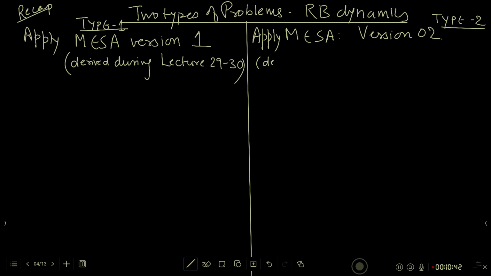For a type 1 problem, I will apply what I call version 1 of the equation. I am going to write it, and I hope it helps you recall what I did last time.